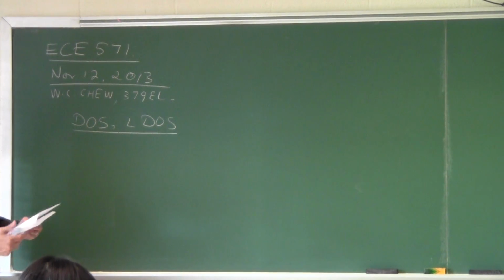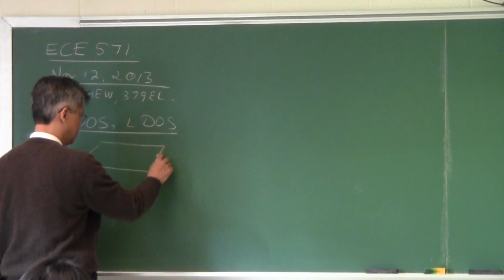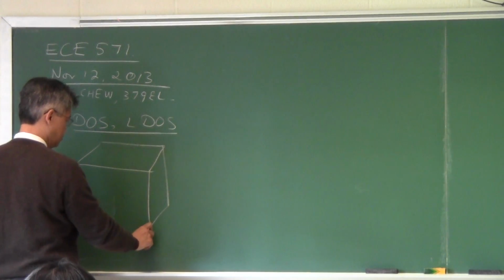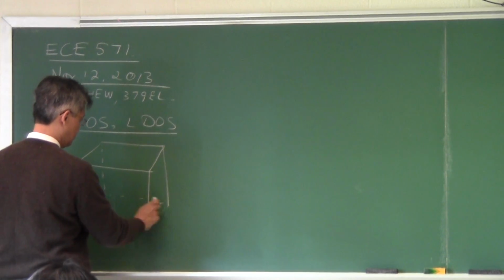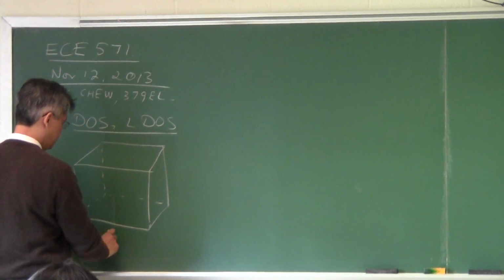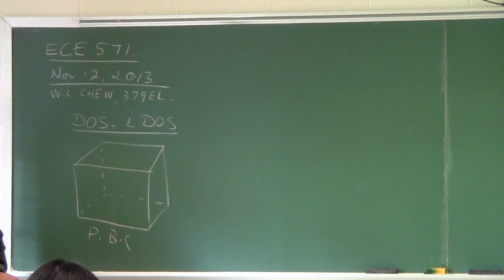We say that when you have a box, and you use periodic boundary conditions on the walls of the box, you give rise to discretized eigenvalues.